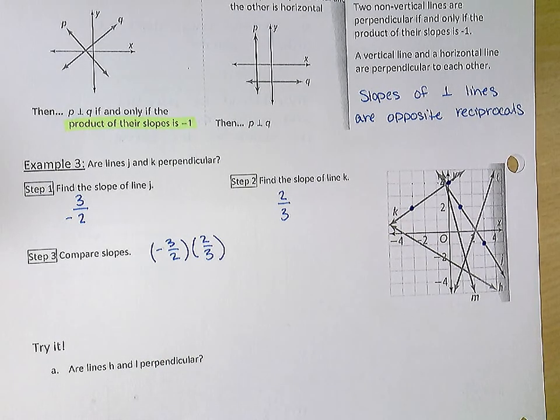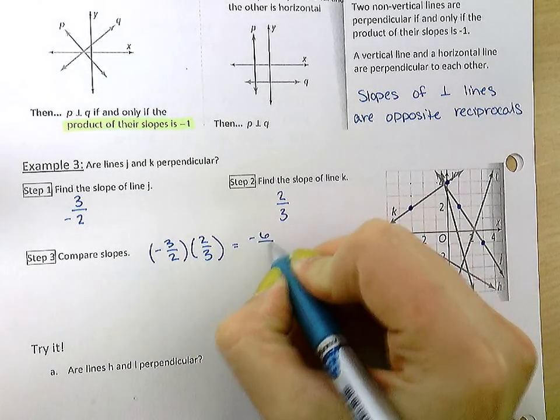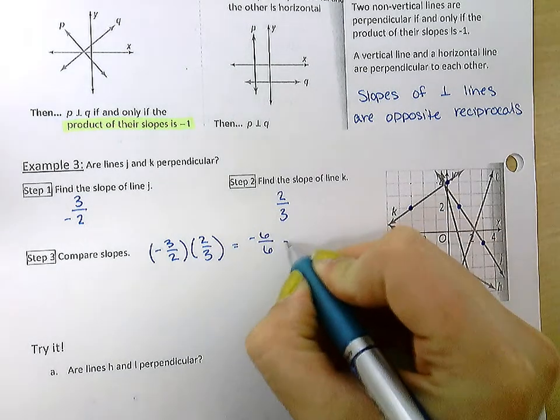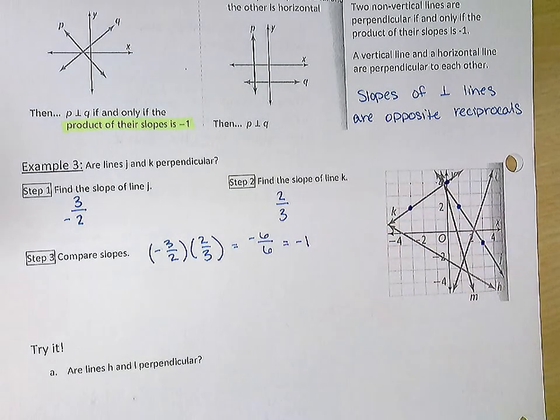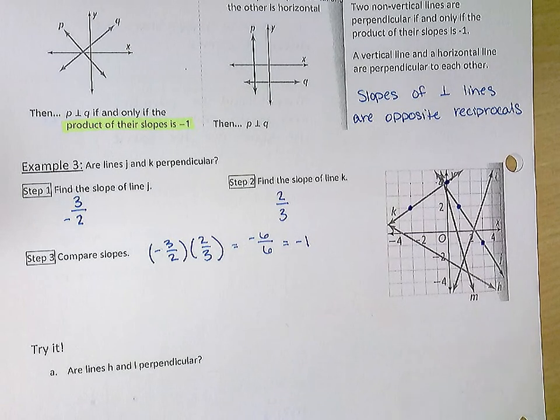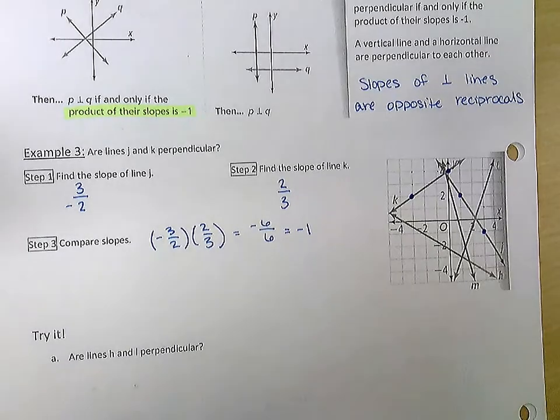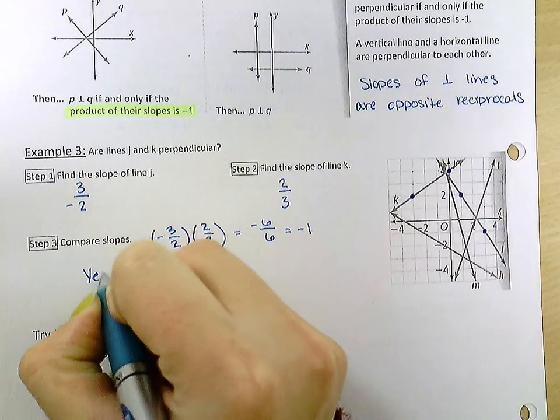If I multiply those 2 fractions together, I do get -6 over 6, which is -1. So if you multiply those slopes together, they should equal -1. So I can say, yes, these are perpendicular lines.